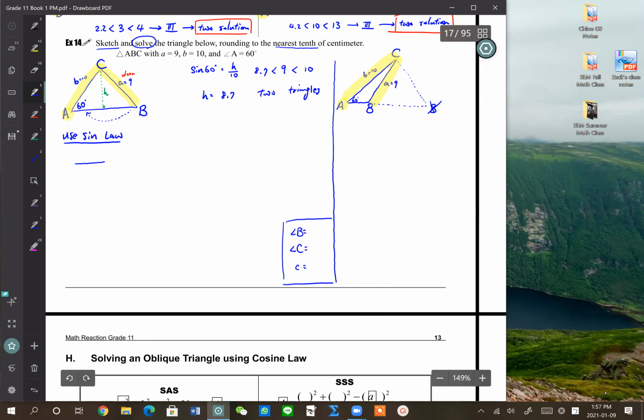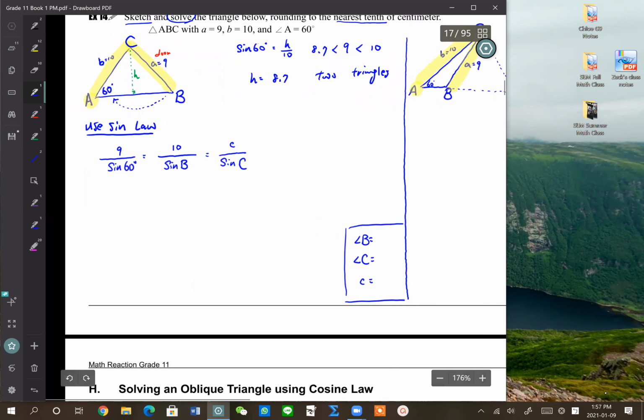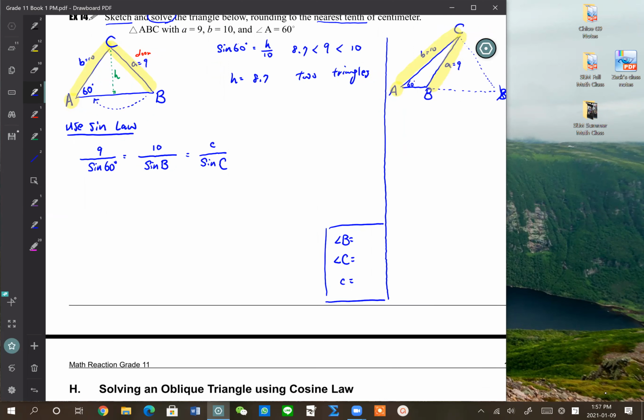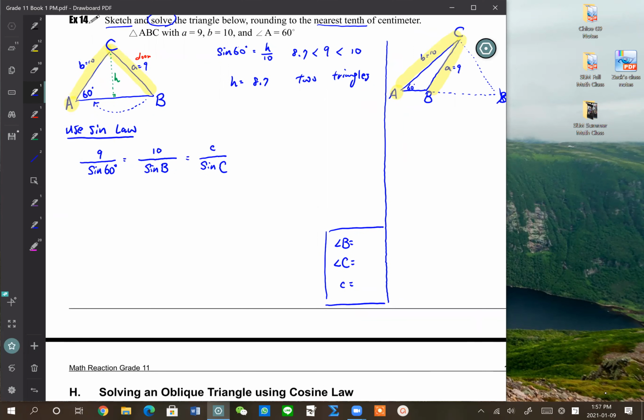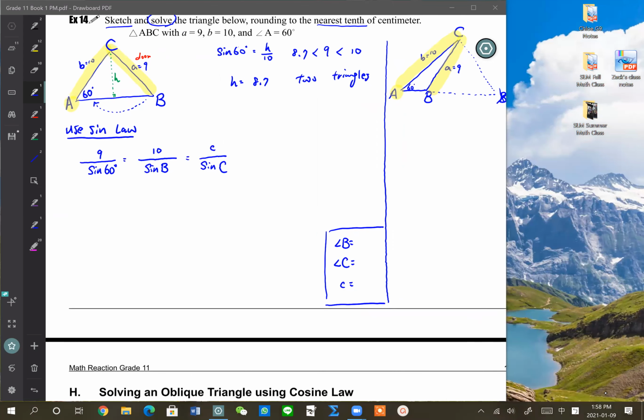Okay, A to sine A, and then side B, 10, sine B, and then we have side C and sine C. Okay, so we have 3 missing parts. So which one do we find first? Do we find the angle B, angle C, or side C? Which one should we find first? What do you suggest?